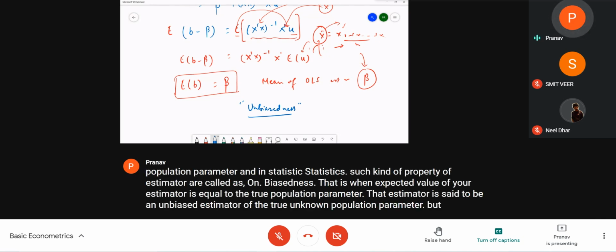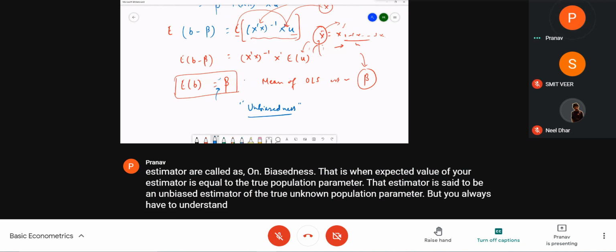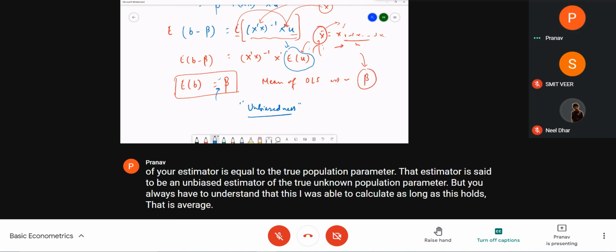But you always have to understand that I was able to calculate this as long as this holds, that is, the average of all the associated disturbance terms is 0. If this did not hold, we could not have derived this.